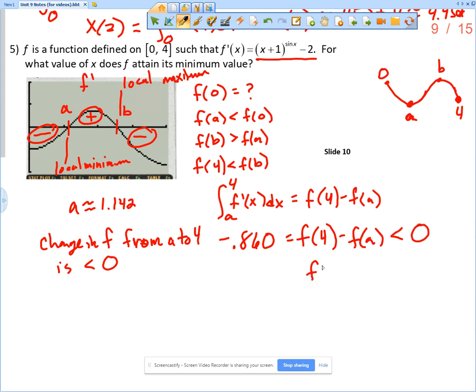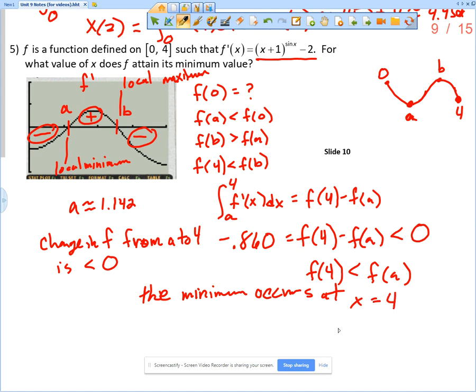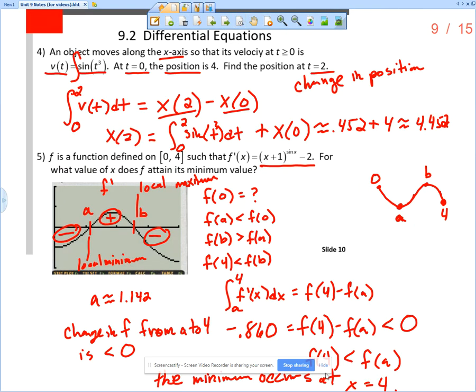So that means that f of 4, if I just add f of a over, is less than f of a. Therefore, the minimum occurs at x equals 4. All right? So obviously we'll talk about it a little bit more in class, but these are some great calculator questions.